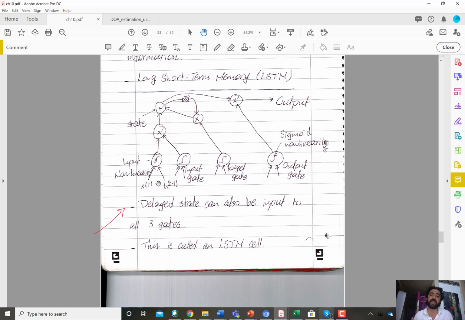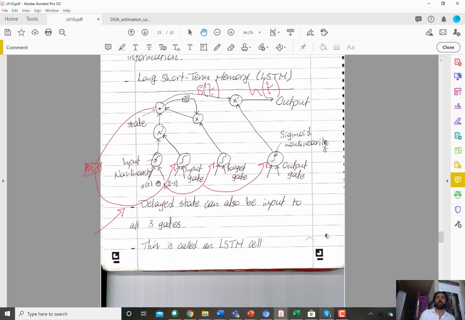The difference is that s of t is different from h of t. This s of t can go through a one-time delay step and then be input to each of the three gates, right here. At a time step t, this is s of t, while the output is h of t.